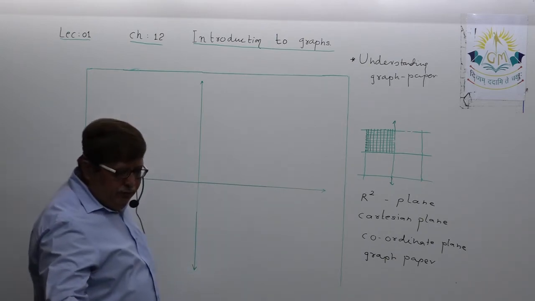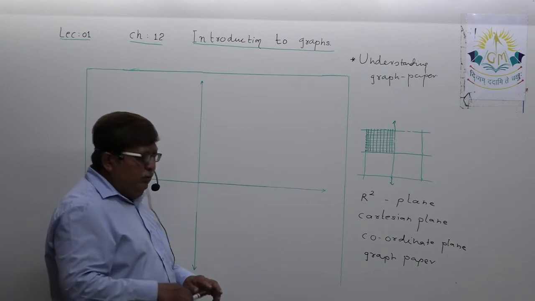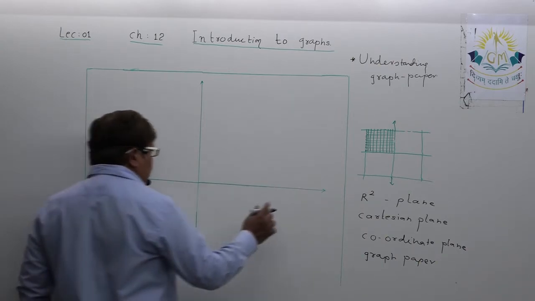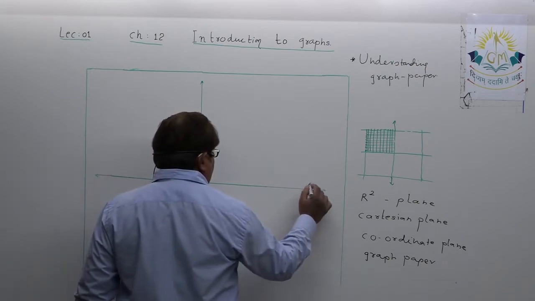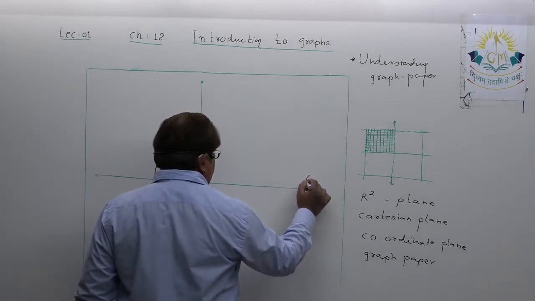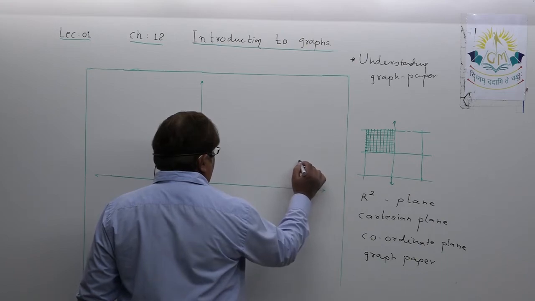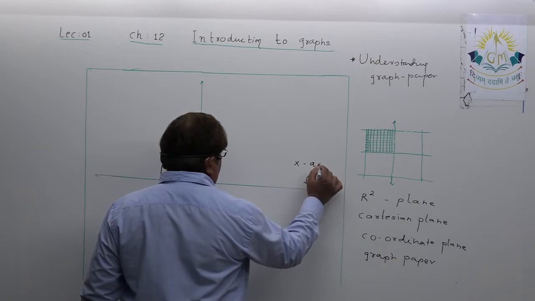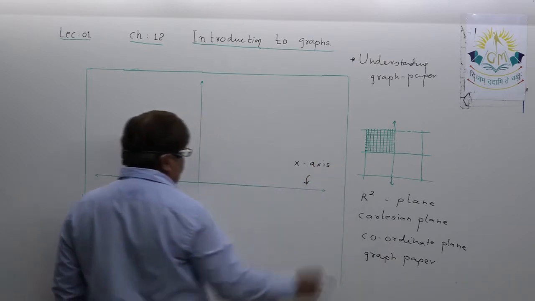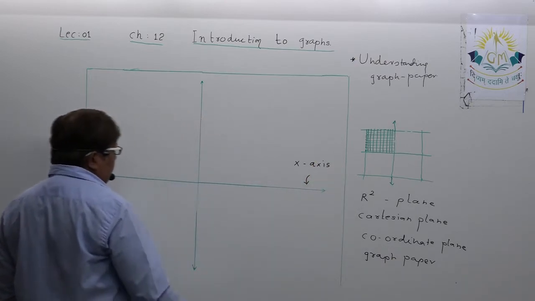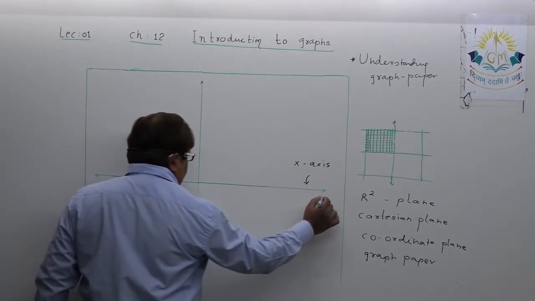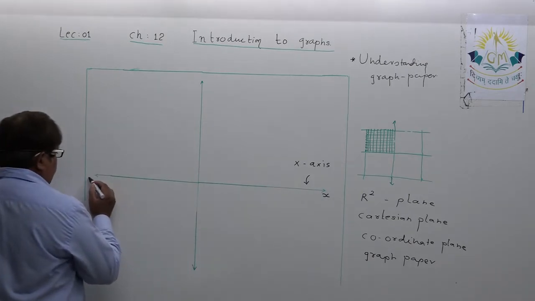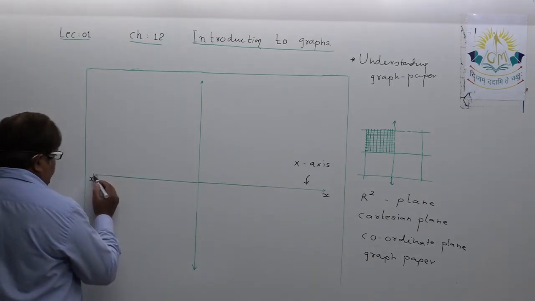Now, dear student, this horizontal line which I have drawn is known as x-axis. Okay, dear student, please write down with me. Here, if I want to put x, I will put here x dash.